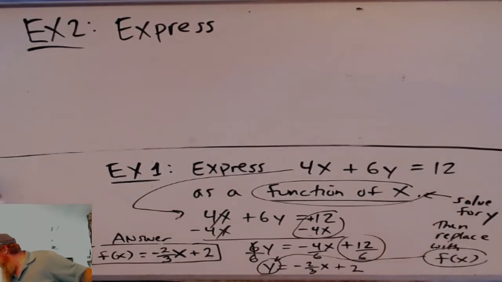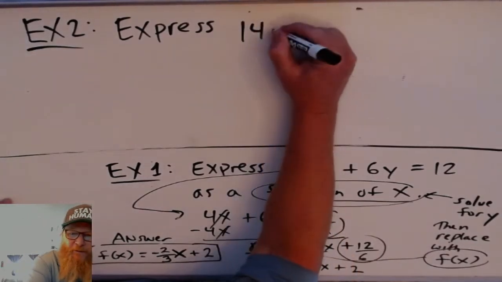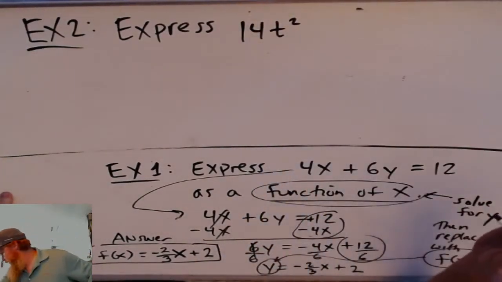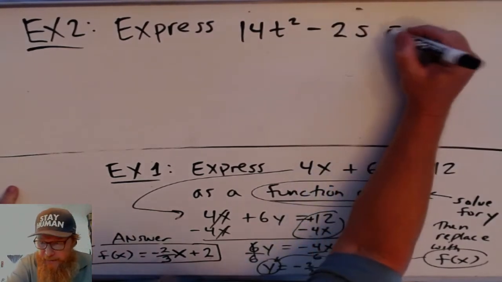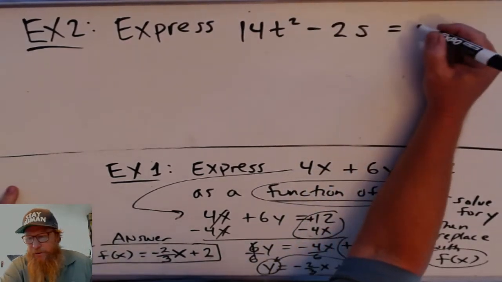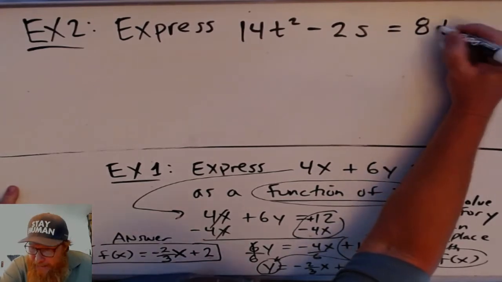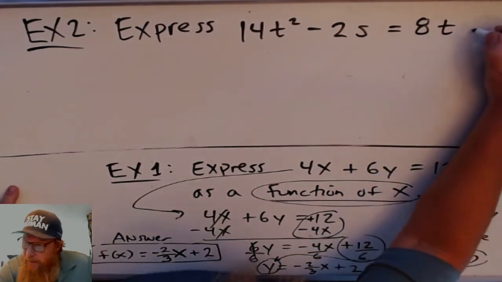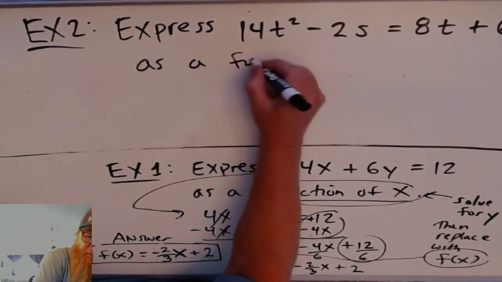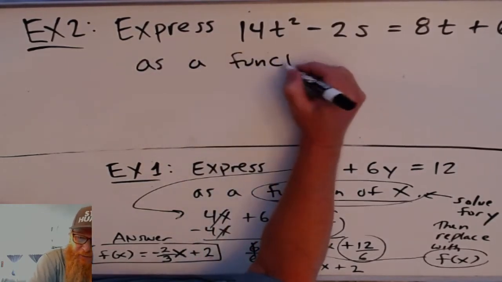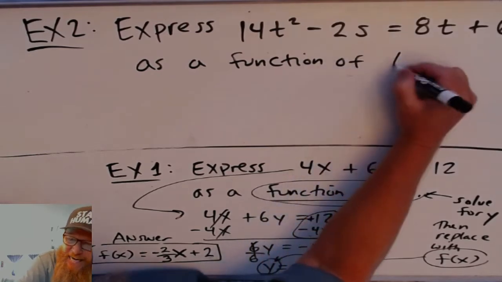How about this one? I want you to express the equation 14t squared minus 2s equals 8t plus 6 as a function of t.